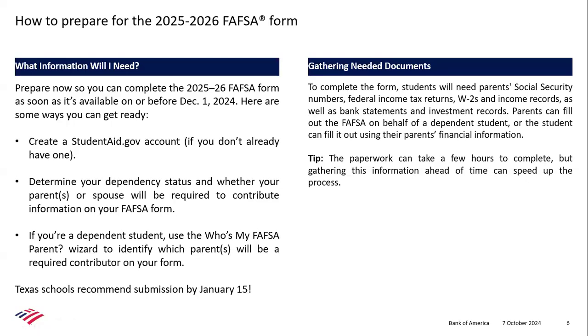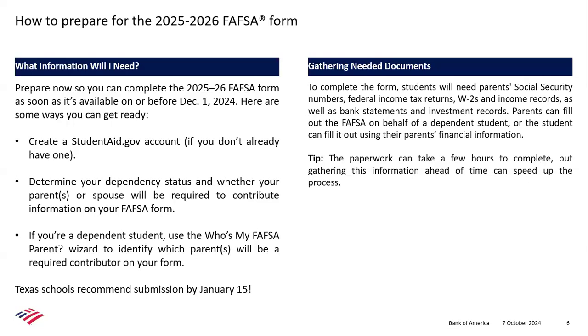It's also going to alert the tax authority, the IRS, so they know that you're going to need access to your income statements or your parents' income statements, if you're the parent, yours, and which one if there are divorces and things like that. It's going to get all of that information in a row so you're not having to wait. That's going to be your first step. So create that studentaid.gov account.